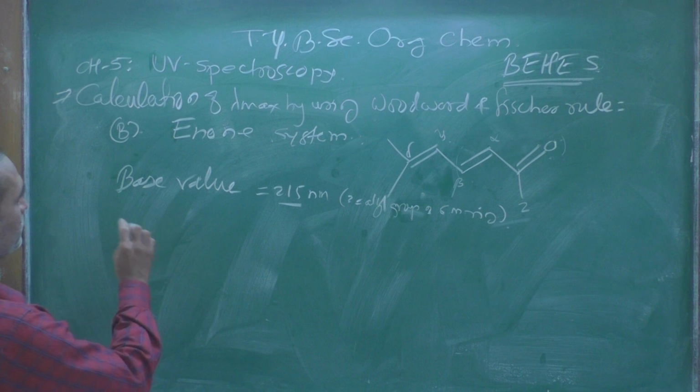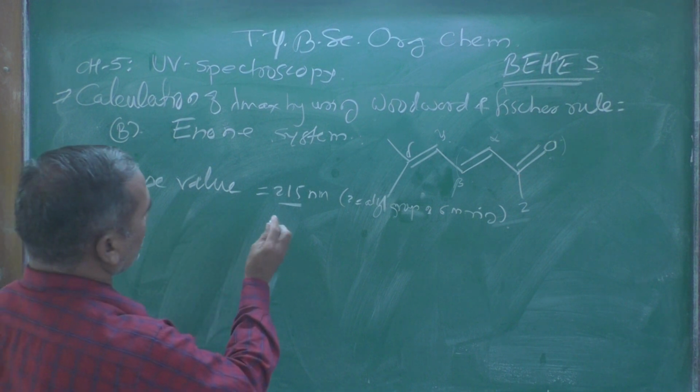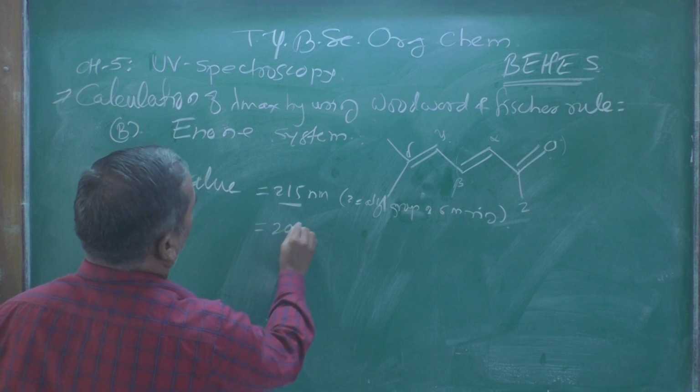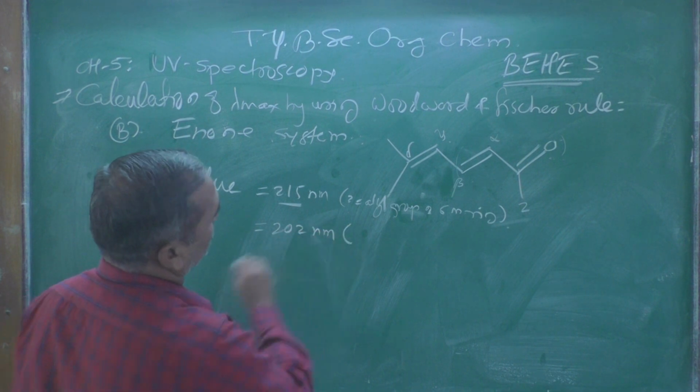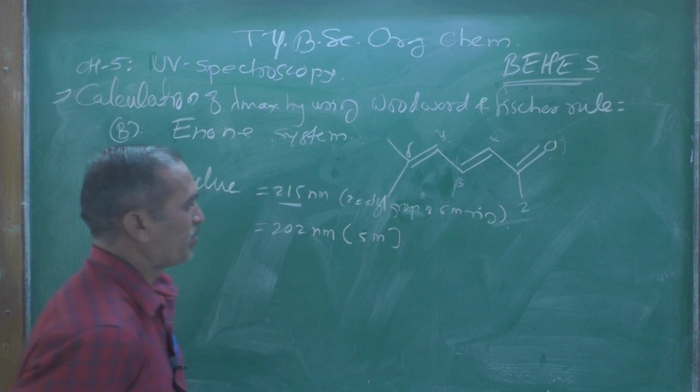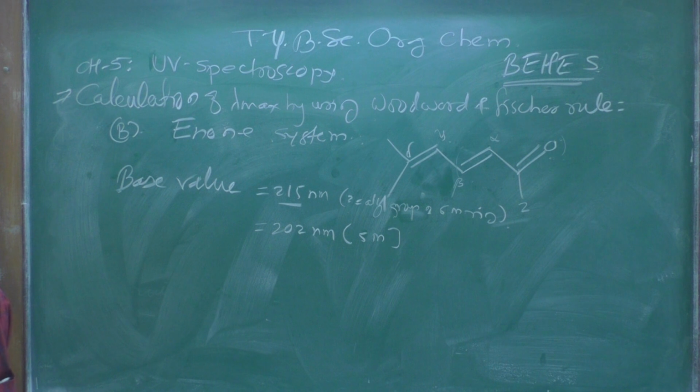And suppose you have a base value of 202 nanometer if a 5-membered ring is present.